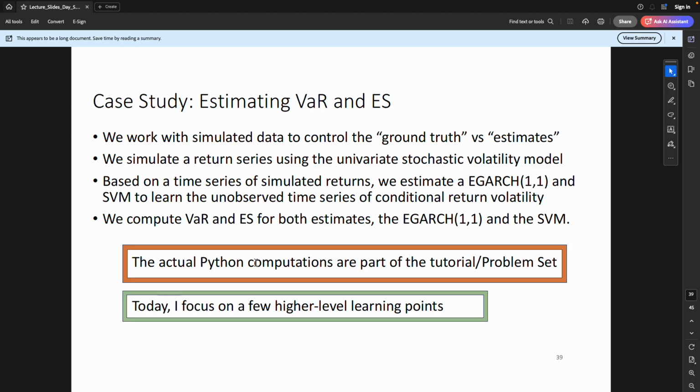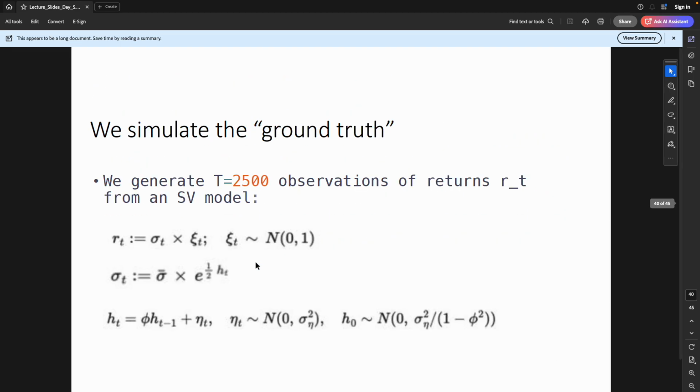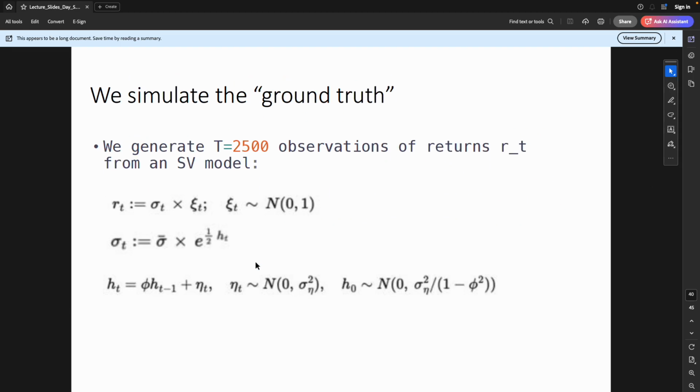So what I'm now doing, I'm already talking a little bit about the solution, because I don't see you in the tutorial, so I want to give some intuition. First thing is, we will work with 2,500 observations, and here's just a screenshot of the SVM that we use to simulate. So you will simulate a Gaussian shock here, a Gaussian shock there.